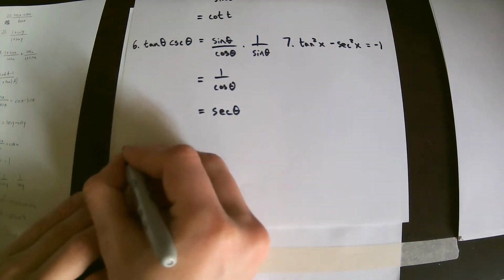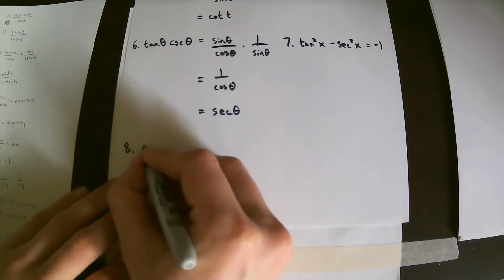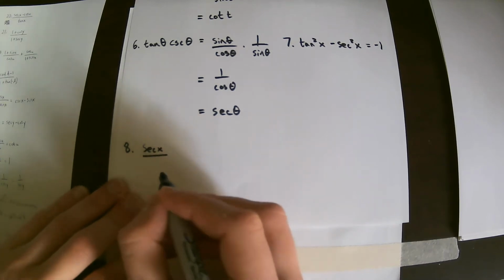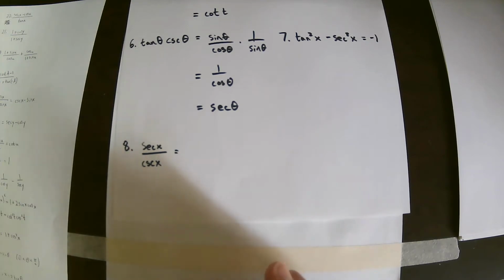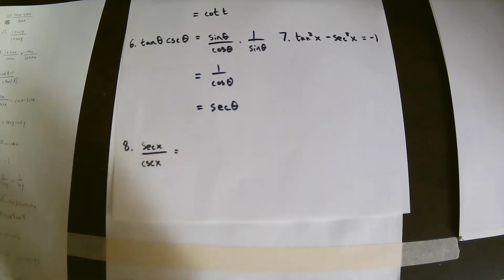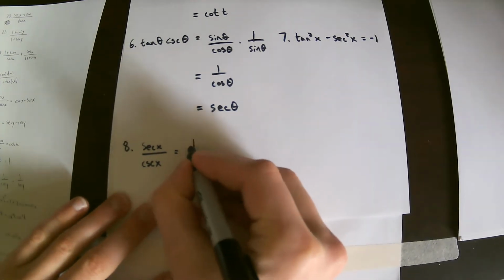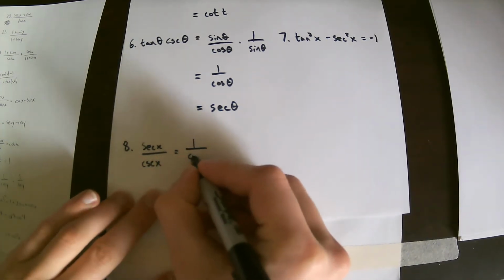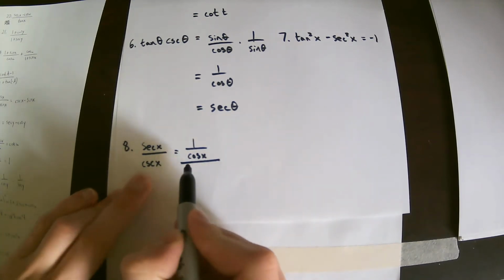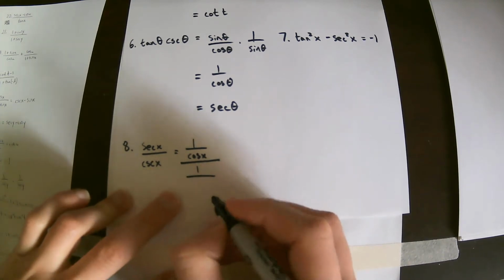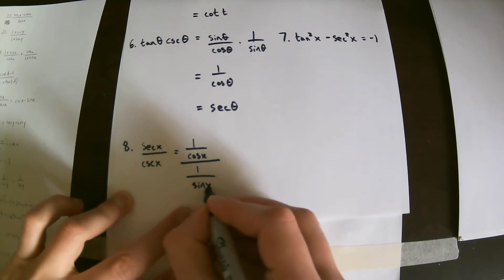Let's see, number 8. Number 8 says secant x over cosecant x. So if I want to write these in terms of sine and cosine, the first one will be 1 over cosine x, and then over, that's this fraction bar, and then cosecant is 1 over sine x.